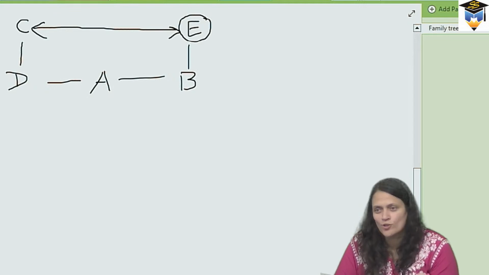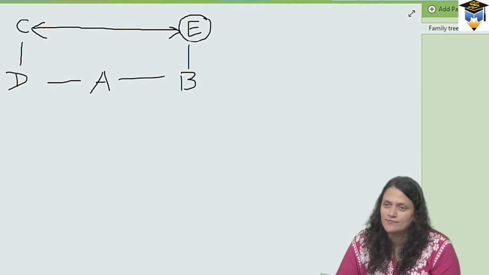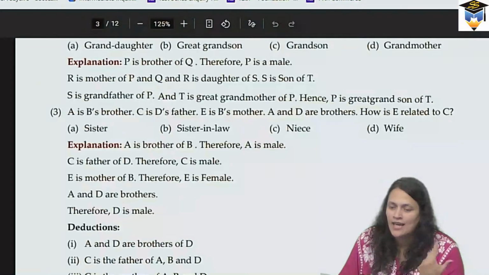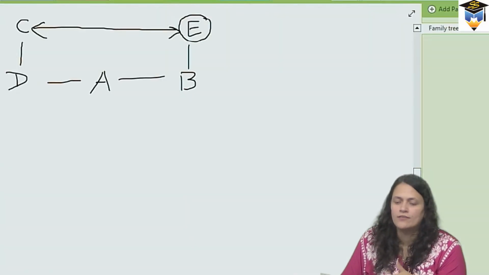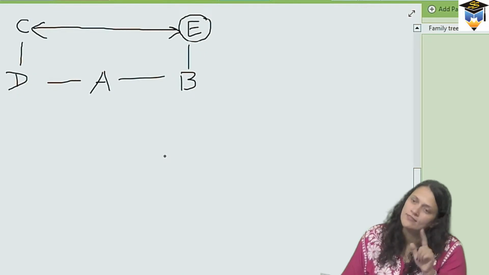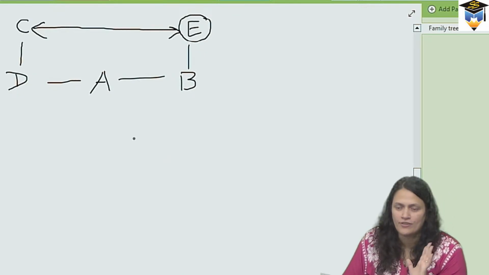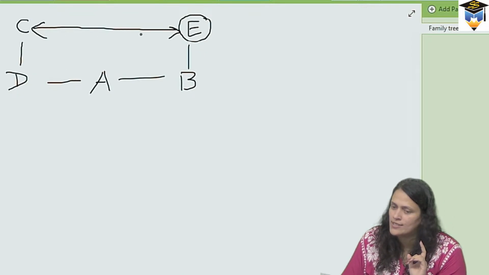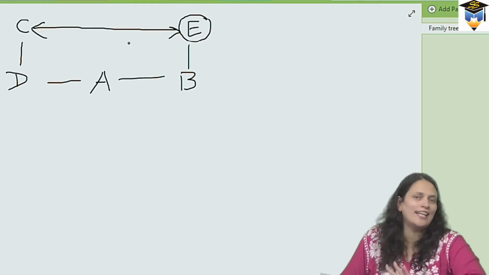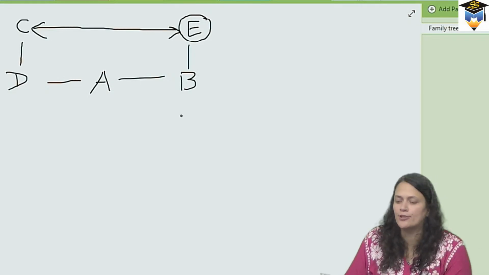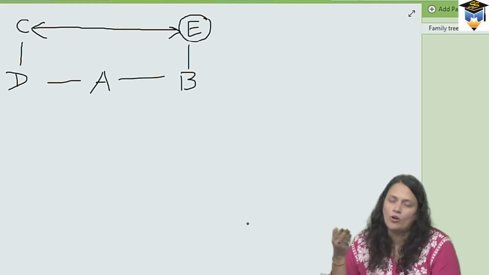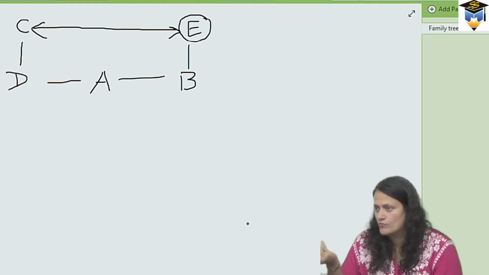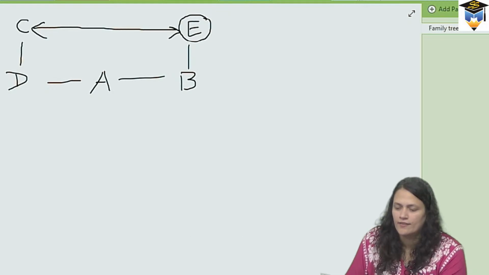So E is the wife of C. The question is asked as, how is E related to C? म्हणजे E ही C ची कोण आहे? Wife. So the answer is wife. So always show spouses by double-headed arrows, so you understand that they are not siblings. They are either husband or wife. And we know all the females are in circles only. So you understand that. Okay.